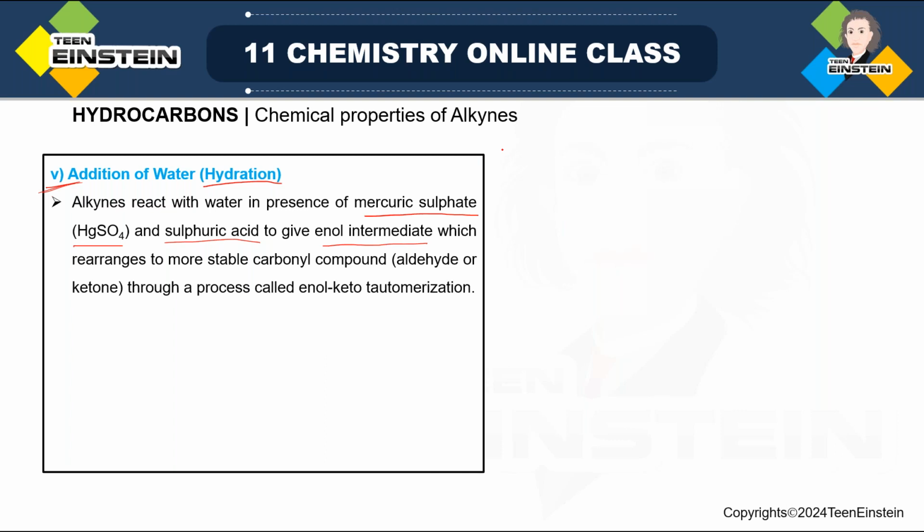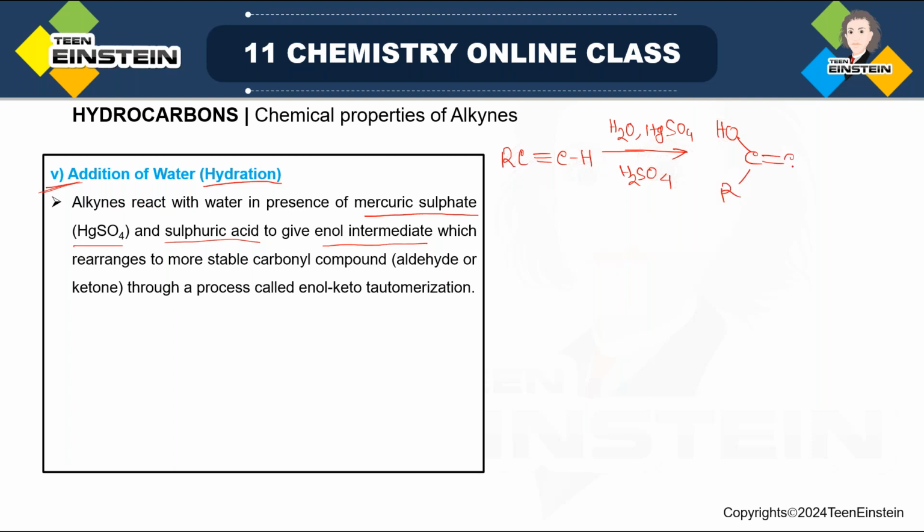If I write it in a general way, suppose we have taken RC triple bond CH. One side of the CC triple bond has an R group, the other side has hydrogen. If I treat it with water, HgSO4 and H2SO4, these 3 reagents together, first there will be formation of enol.